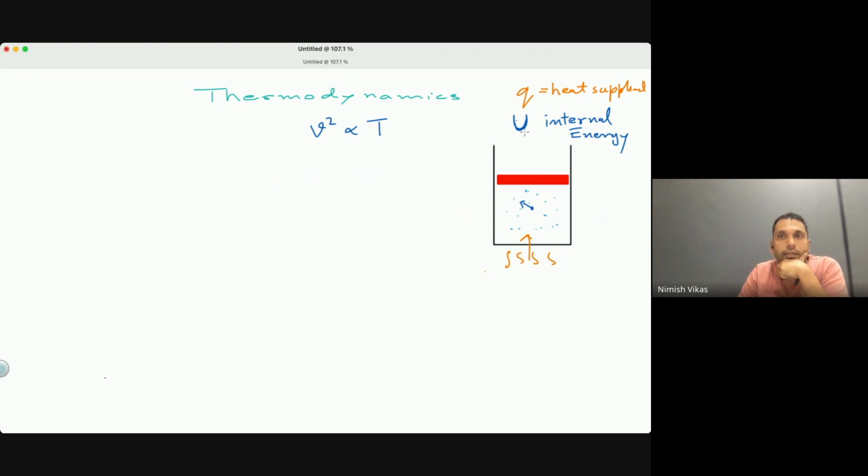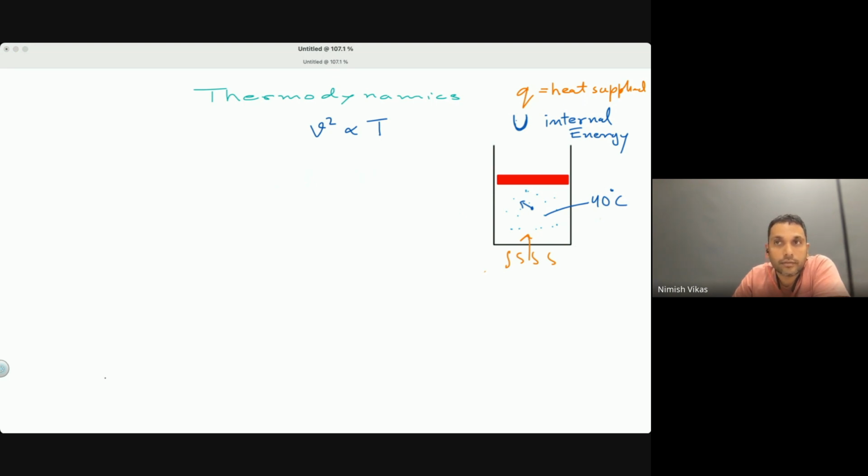Hence, this internal energy will be dependent on the temperature. Whatever is the temperature, how you came to that temperature, whether you came from a very low temperature or went from a high temperature to that temperature, it doesn't matter. If the sample is at, say, 40 degrees Celsius, then it has got a certain internal energy. Is that clear, guys?